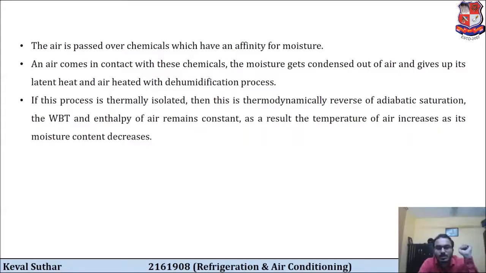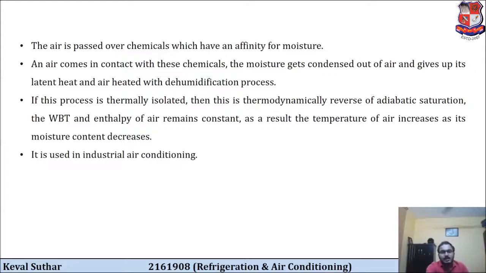If the process is thermally isolated, then this is thermodynamically the reverse of adiabatic saturation. So if you go back and see adiabatic saturation, then this is completely a reverse process of adiabatic saturation. The WBT and enthalpy of air remain constant. As a result of this, the temperature of air increases and its moisture content decreases. It is used for industrial air conditioning.